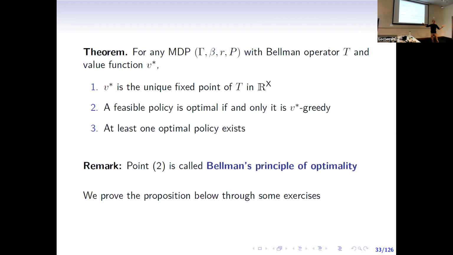There could also be multiple policies, because we haven't assumed something like strict concavity that would give us unique maximizers. So there could be ties. But fact 3 actually follows easily from fact 2. A feasible policy is optimal if and only if it's V star greedy. Well, V star is a well-defined thing, and given V star, I can certainly take a V star greedy policy.